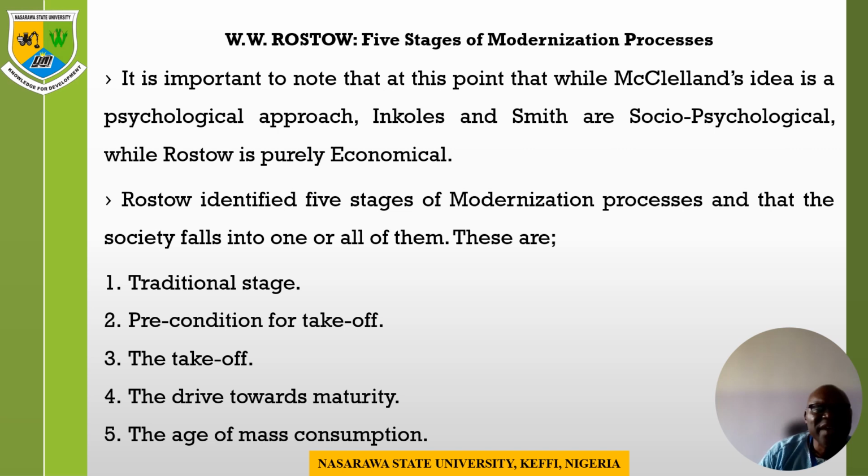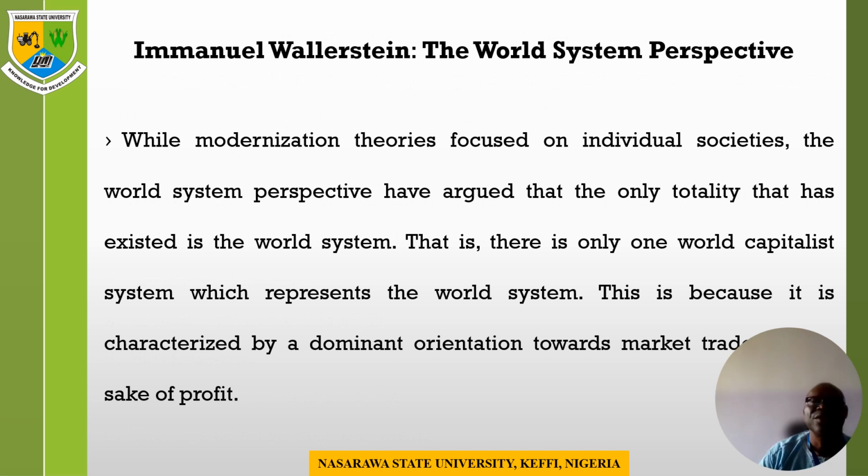Rostow identified five stages of the modernization process, and a society falls into one or all of these. These are the traditional stage, preconditions for takeoff, the takeoff stage, the drive towards maturity, and the age of mass consumption. Now that takes us to Immanuel Wallerstein's theory, the world system perspective.